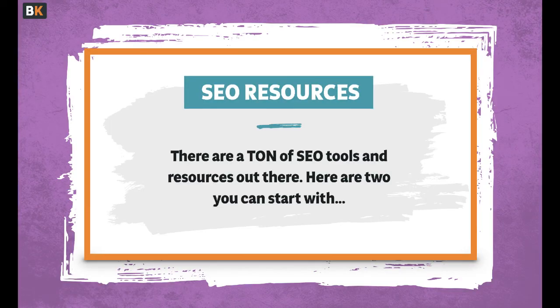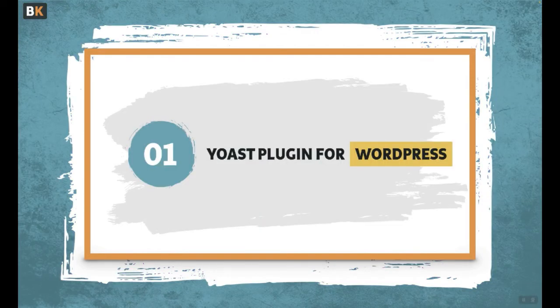All right, let's talk about SEO resources. There are a ton of SEO resources out there. We've covered some points here, but if you'd like to find some tools to help you with SEO, with your on-page SEO especially, here are a couple tools that we can recommend. If you're using WordPress, we highly recommend that you install the Yoast plugin.